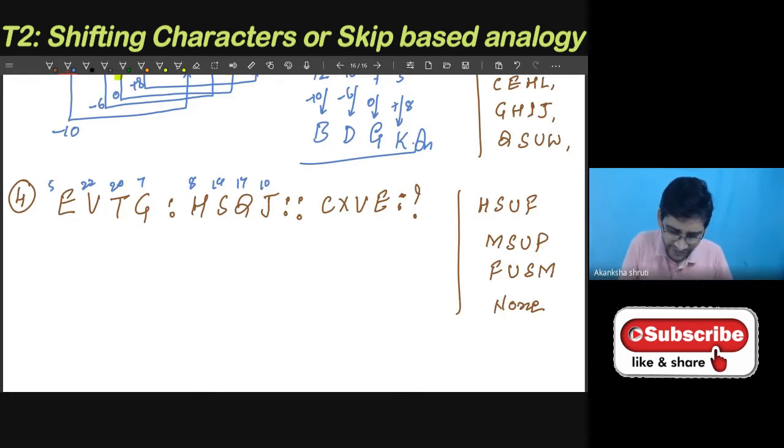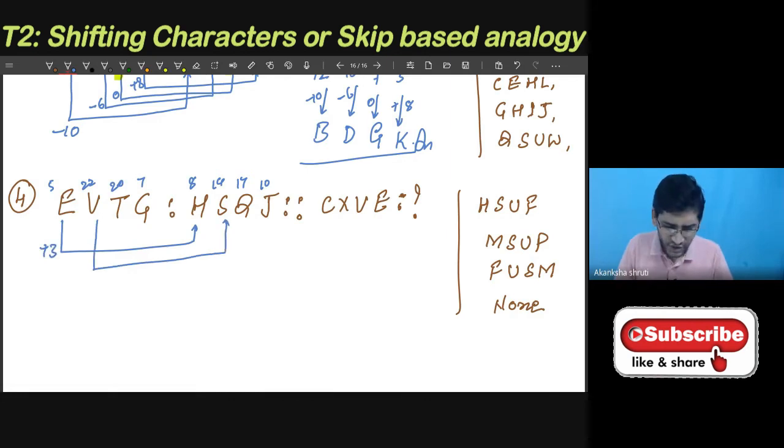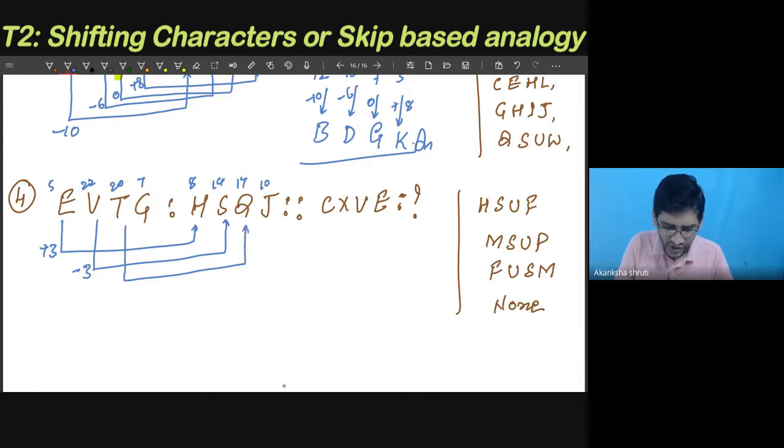Here we are observing if we are going the forward way, plus 3, then 22 to 19, minus 3, T to Q means 20 to 17, again minus 3, and G to J, it is again our plus 3.